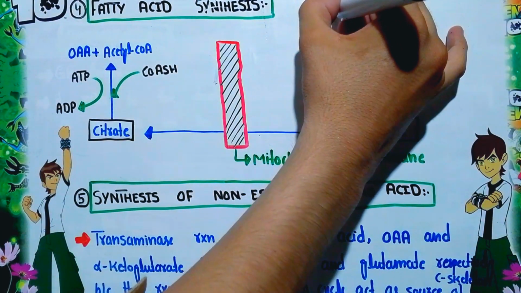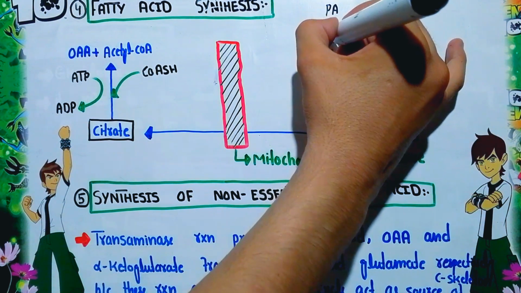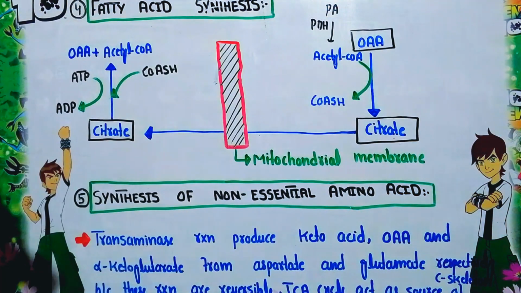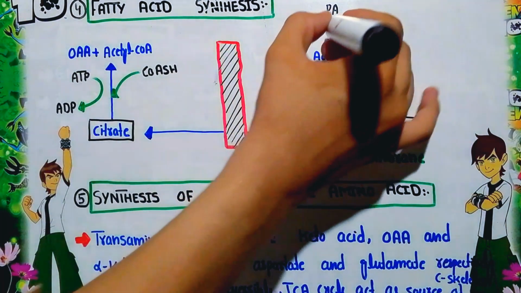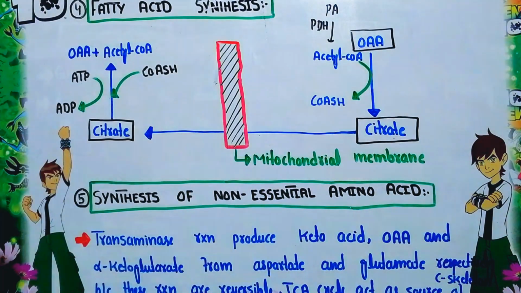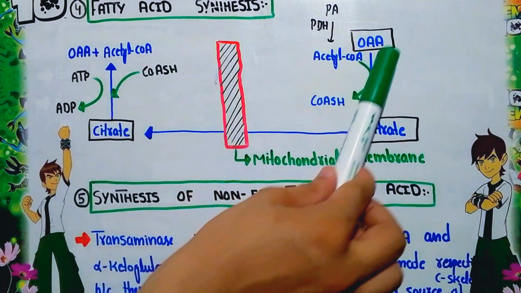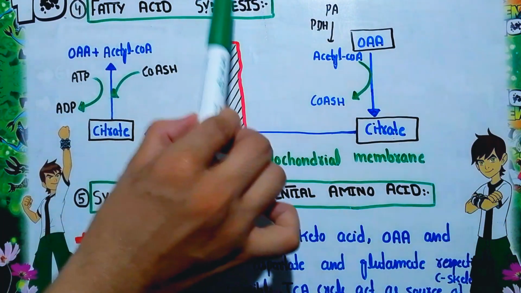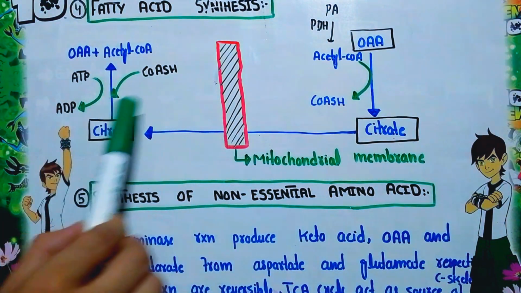This acetyl coenzyme A is present in the mitochondrial matrix, while the synthesis of fatty acids occurs in the cytosol of the cell.